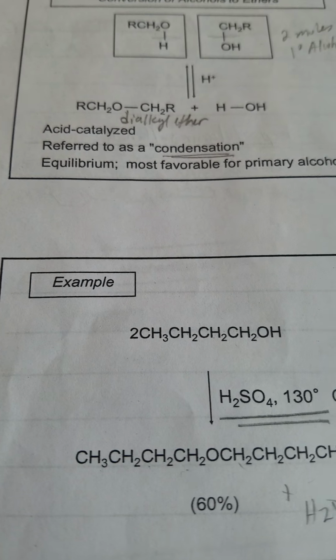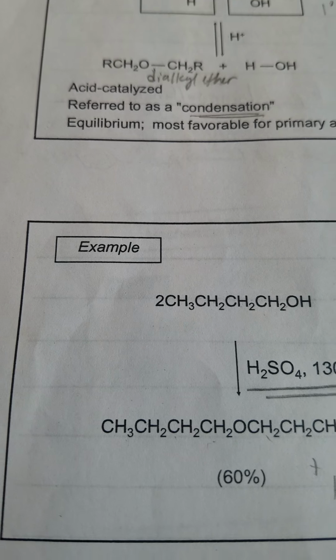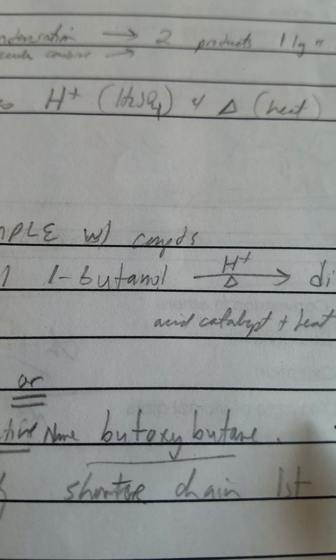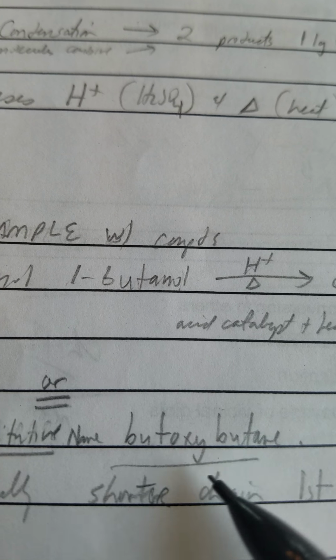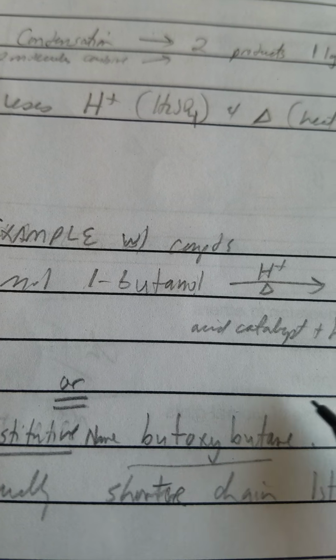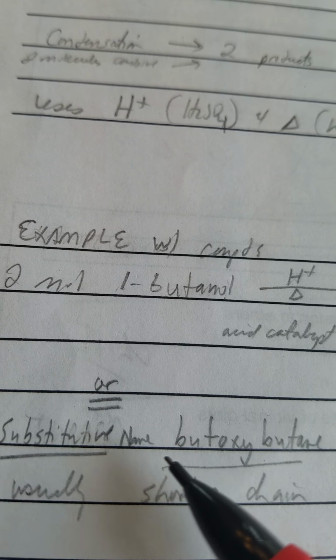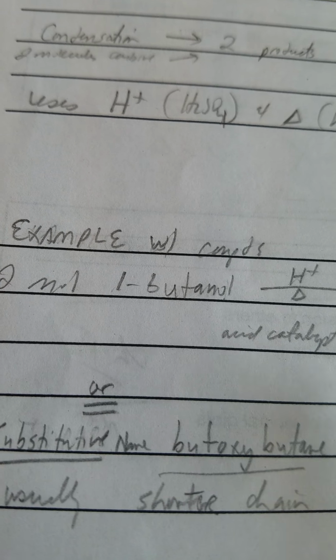So one functional group, in this case since they're the same, it won't matter, but it'll be butoxy, and then you'd name butane. Typically the longest carbon chain is the parent, and then the alkoxy part is going to be the shorter. In this case, it won't affect it because they're both going to be the same length for this particular kind of reaction.